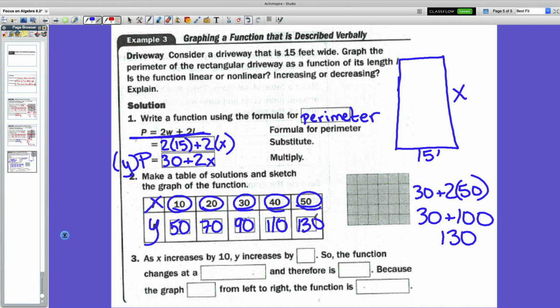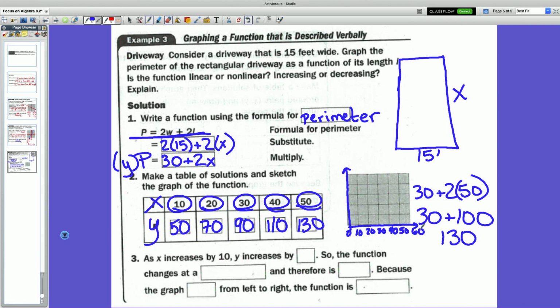So, graphing this then. Okay, notice I don't need anything below 0, so I'm going to put my axes on the edge here. And then I'm going to go by tens on the x-axis, so 10, 20, 30, 40, 50, 60. Okay, on the y-axis, I probably should go by more, so maybe 20s.